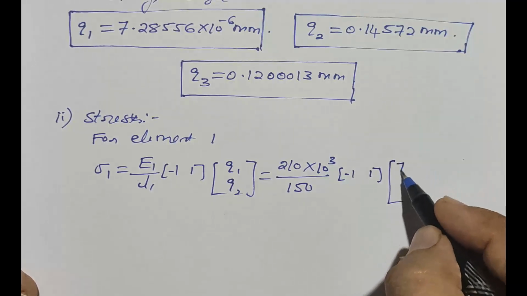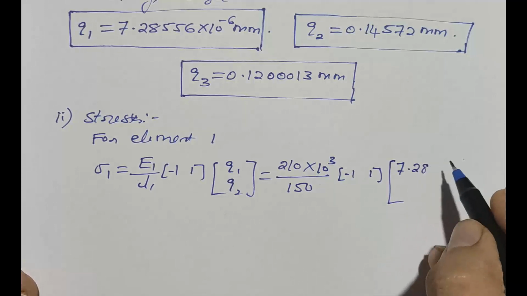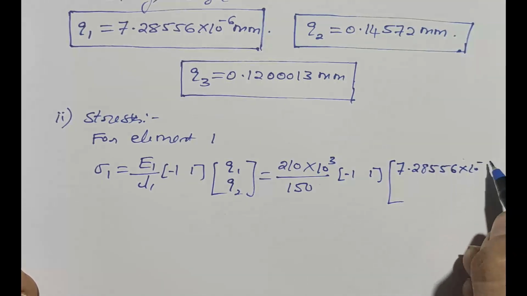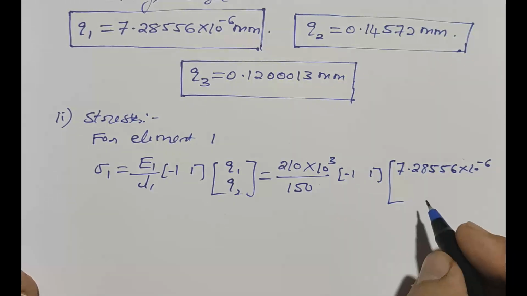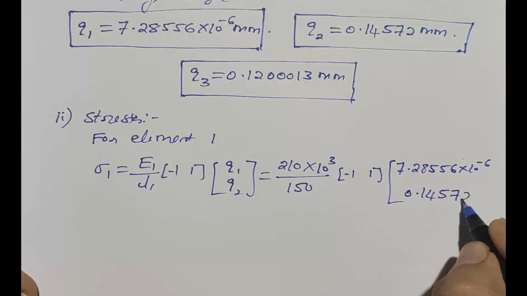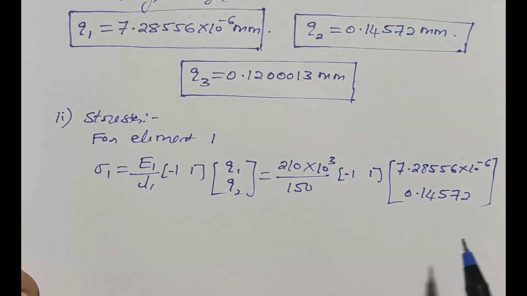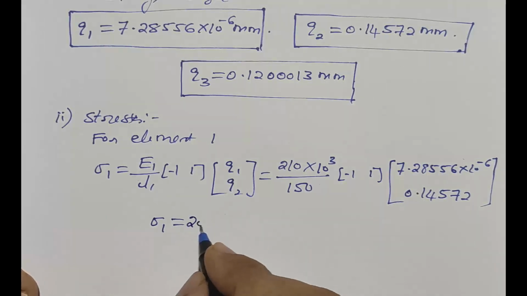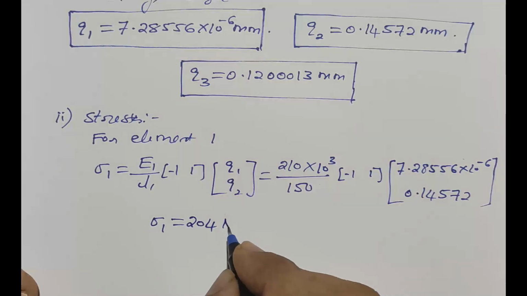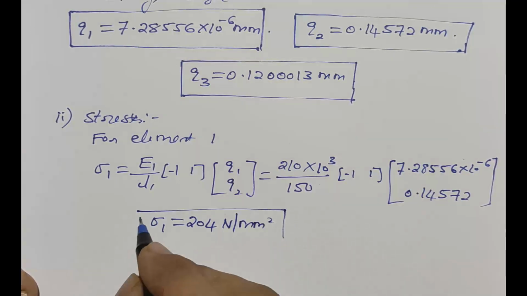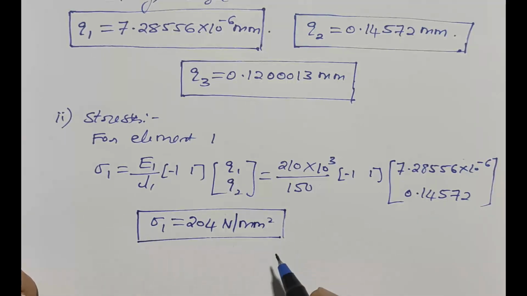Q1 is 7.28556 into 10 power minus 6. Q2 is 0.14572. If you simplify this, we will get sigma 1 is equal to 204 Newton per mm square. This is stress in element number 1.